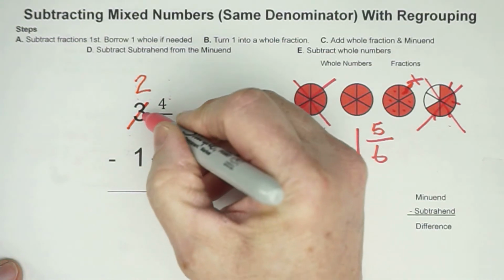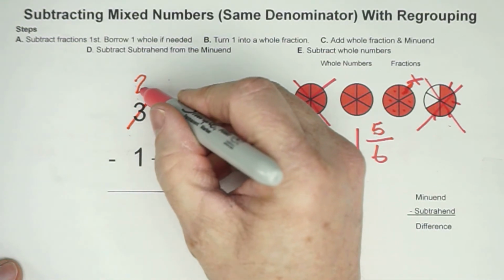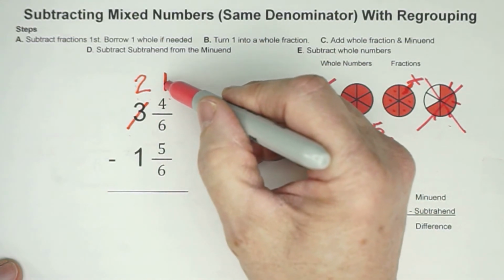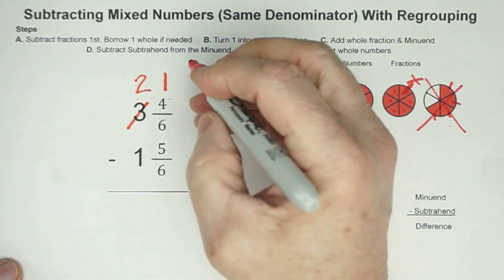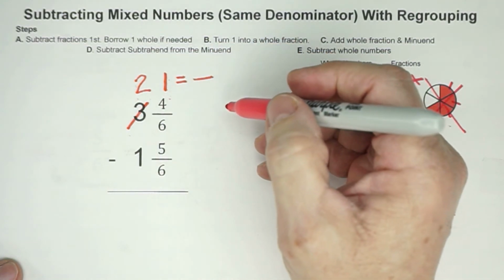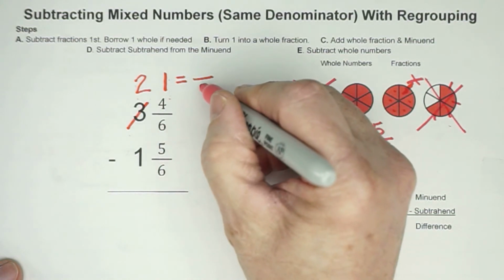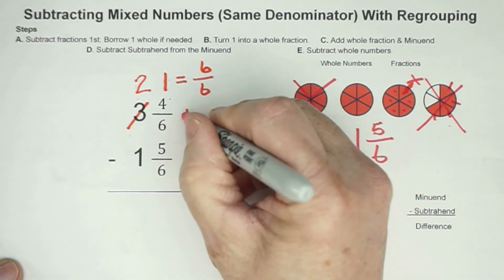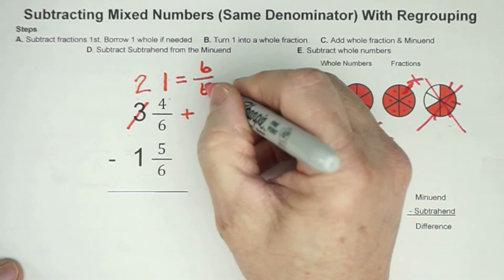Well, if I have 3, and I take away 1, that gives me 2. That 1 comes over here, but remember 1 is a whole number, and these are fractions. So I need to switch this, and to do that, I'm going to make a whole fraction. Our denominator is 6, so it's going to be 6/6, right? I'm going to add my fraction of 6/6.